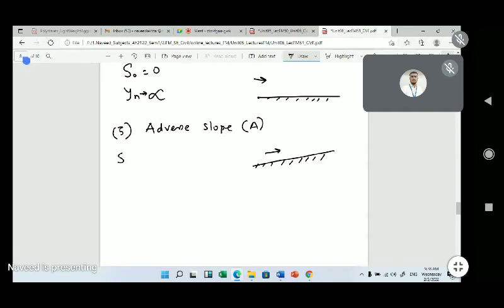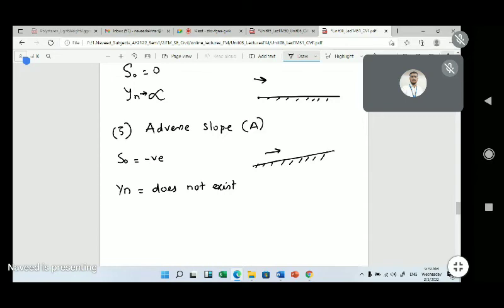The S0 value is negative, so here Yn does not exist. These are the conditions for the types of slope.